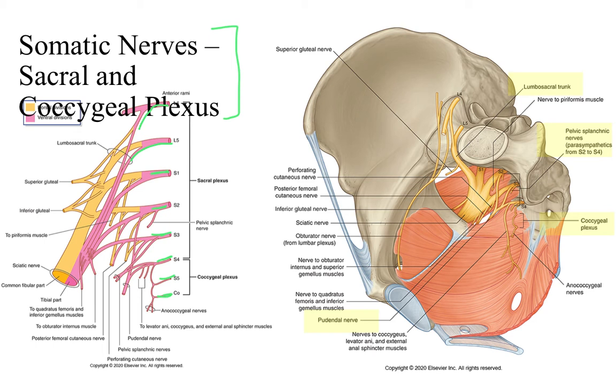Notice that these are somatic nerves, so they will take part not only in sensation, allowing you to feel different things, but they're also going to go to skeletal muscle, as opposed to sympathetic and parasympathetic, which would go to smooth muscle within organs.